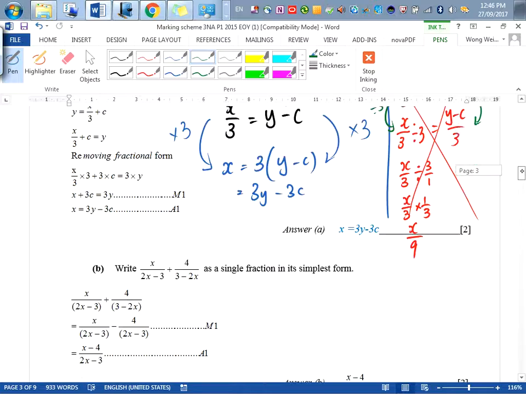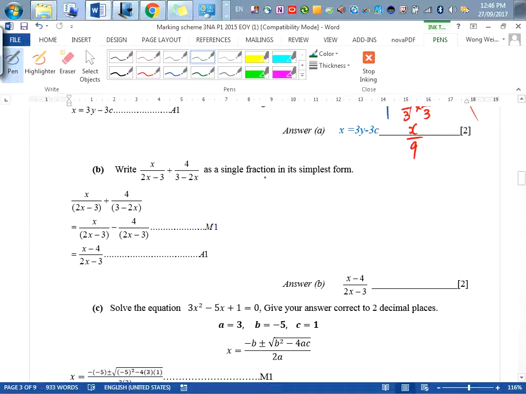Alright, next question. Write this as a single fraction in the simplest form. We have one fraction plus another fraction. So to handle this, we need to make sure they have the same denominator. Are they the same? Not yet, but they look kind of similar, right?